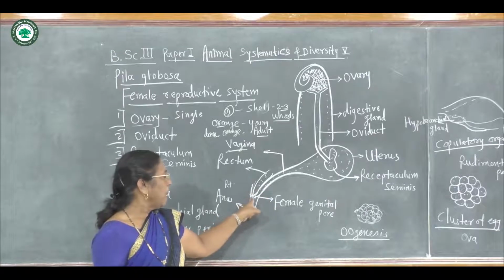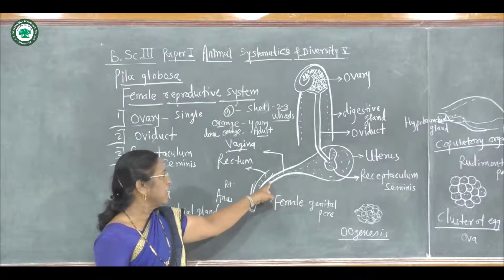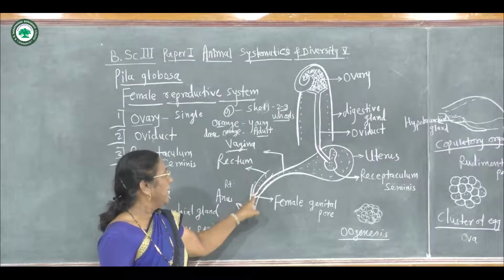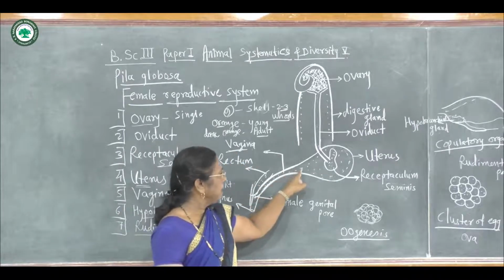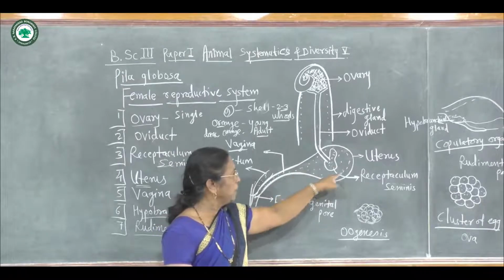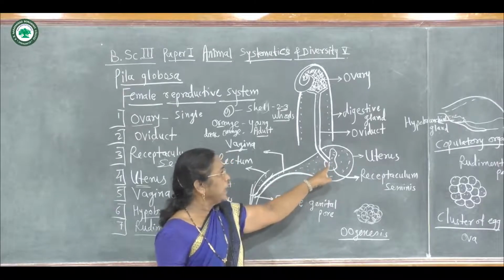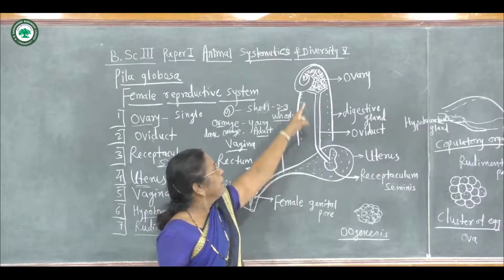This sperm along with seminal fluid enters into the vagina. The sperms enter through the vagina into the uterus and then into the seminal receptaculum.